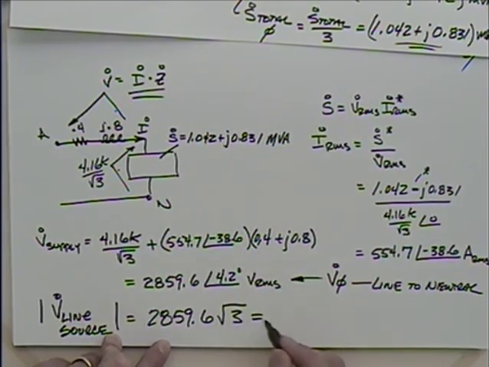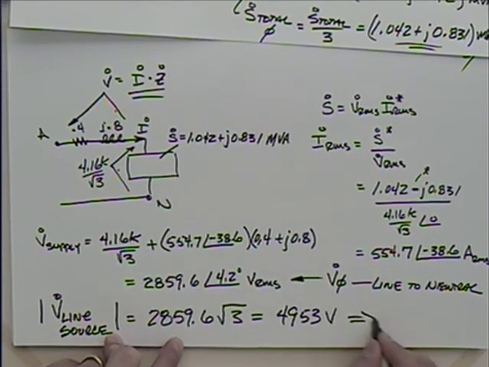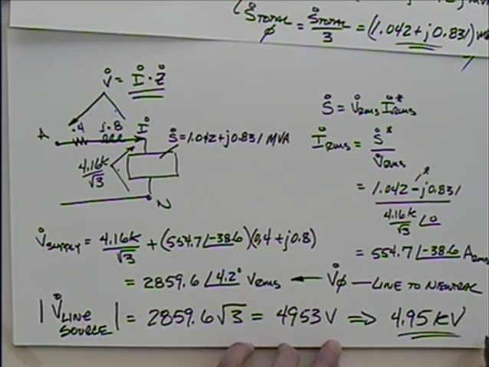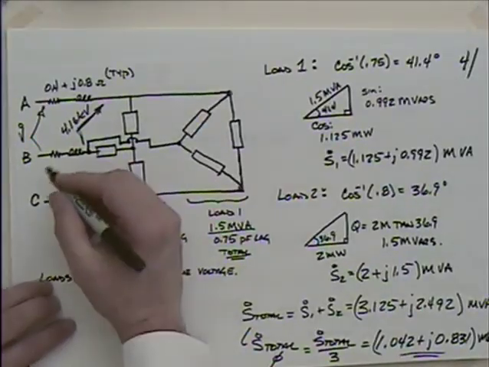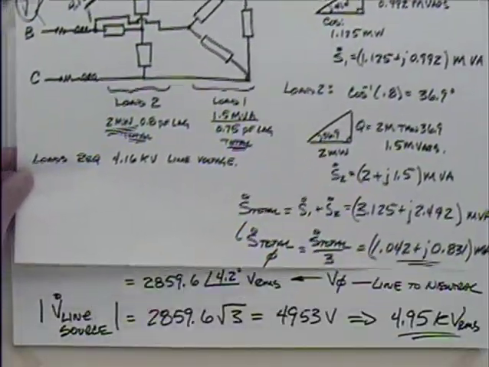Multiply it by the square root of 3. Okay, so it turns out to be 4,953 volts, which we could put in a context that we might recognize from the beginning, 4.95 kilovolts RMS. So that'd be the magnitude of the line-to-line voltage out here. So you could afford that drop.